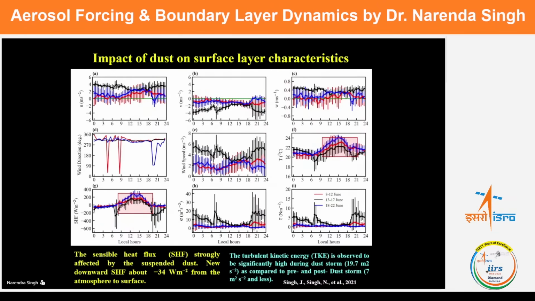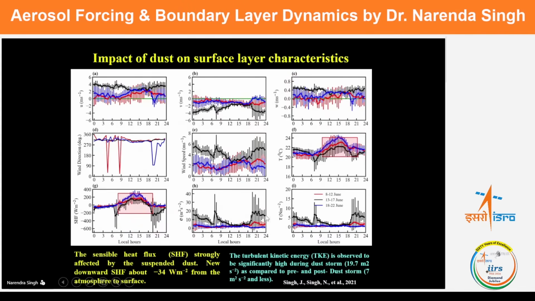So here also you can see that the sensible heat flux has gone down because the radiation is not reaching the surface of the earth to the extent it used to during a dust storm. And then turbulence is also there because U, V, and W, all three components of the winds are perturbed.